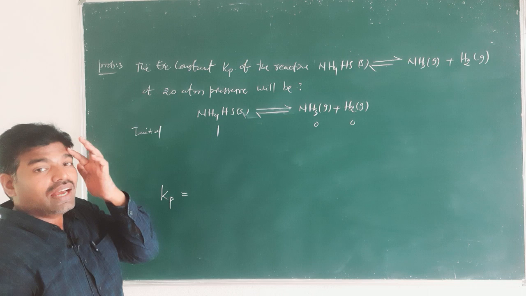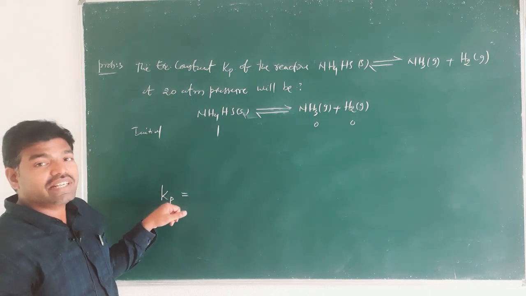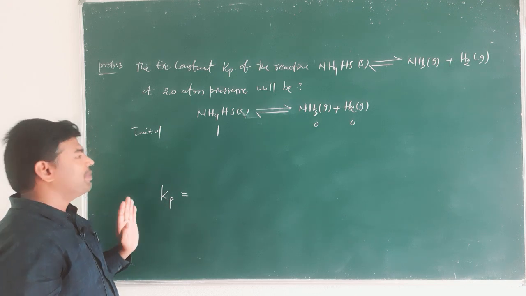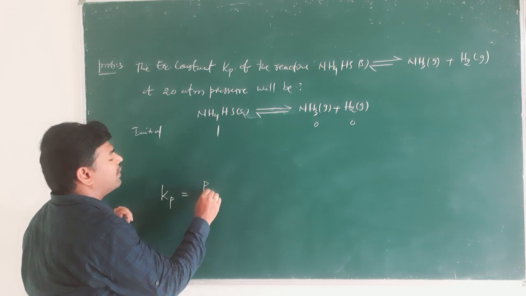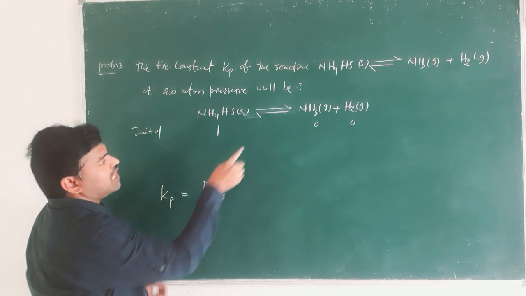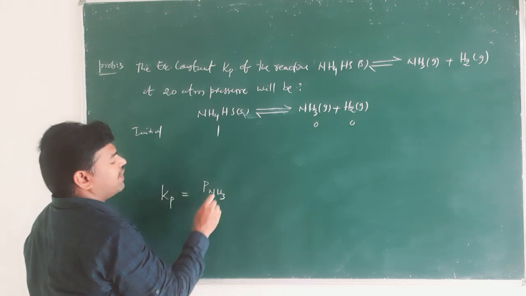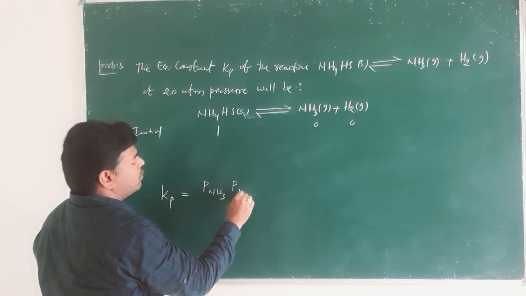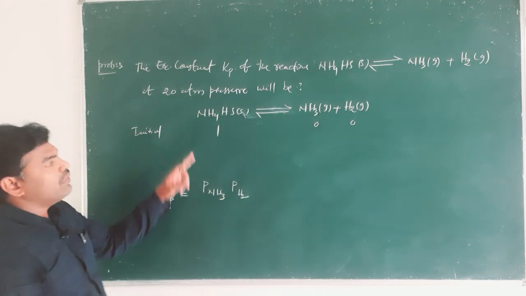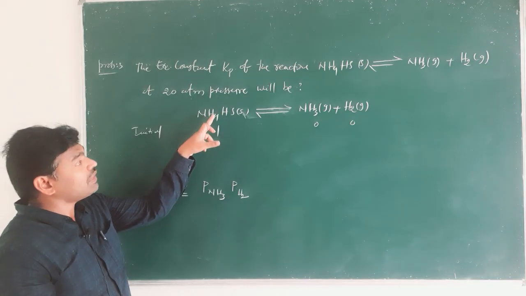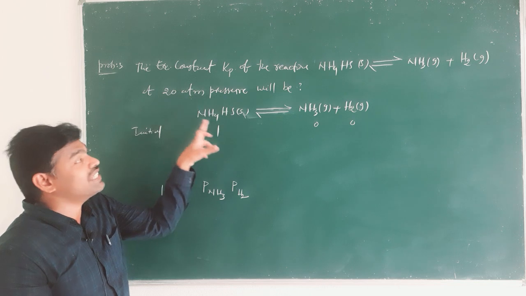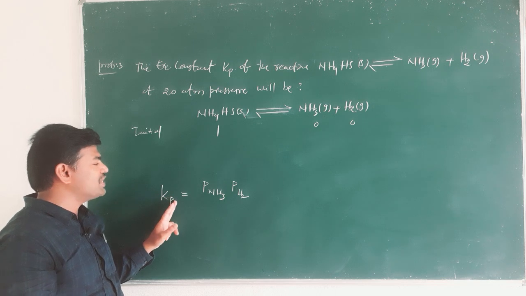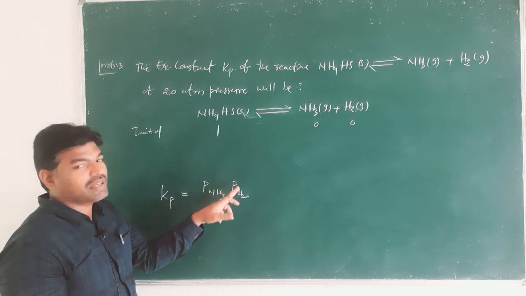The stoichiometric coefficients are 1, so we write the partial pressure of NH3 and the partial pressure of H2S, and we need not write NH4HS because it is a solid. So Kp is equal to the partial pressure of NH3 times the partial pressure of H2S.